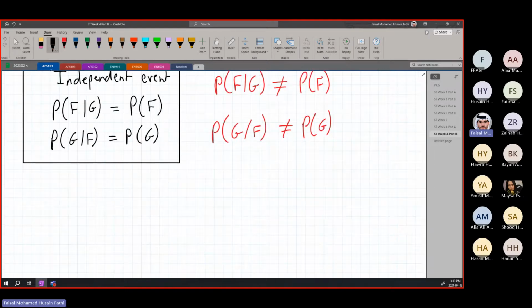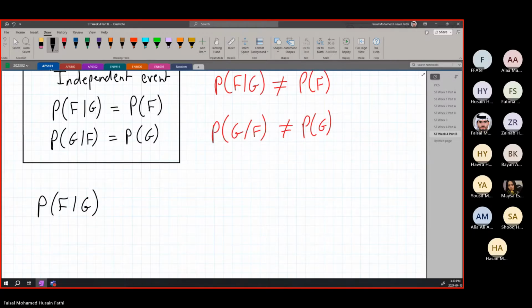So remember, what was conditional probability? Let me start from the beginning so you guys know where I'm getting all of this.